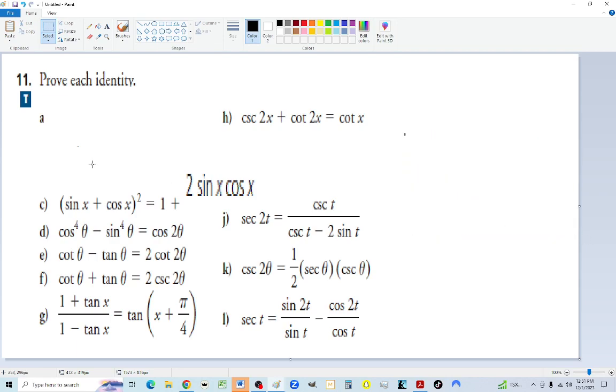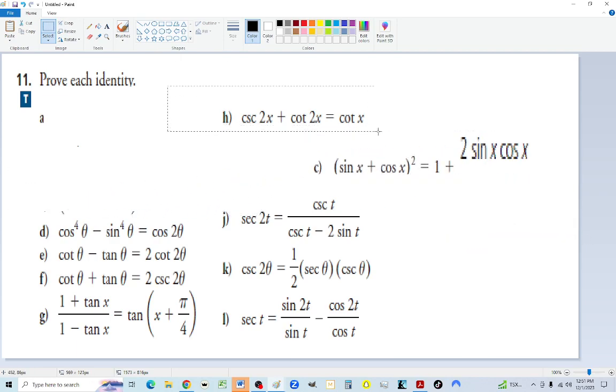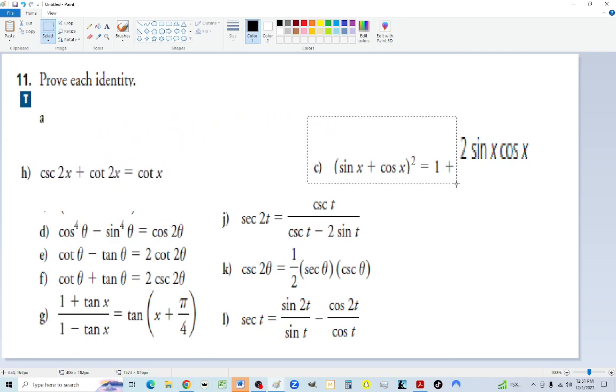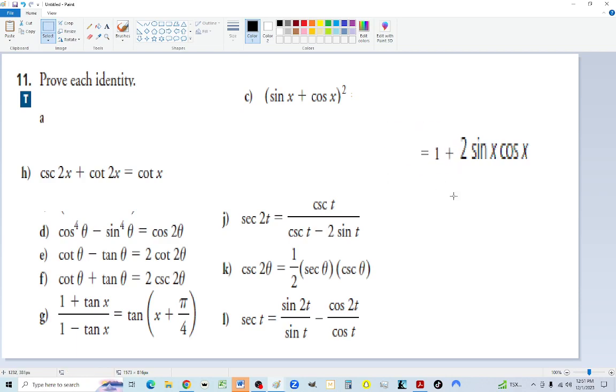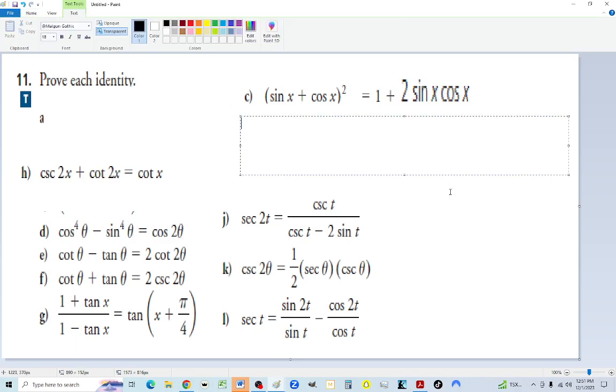Then you just have to prove left is equal to right. If you expand that, it's like an expansion of x plus y. You get sine squared plus 2 sine x cos x plus cos squared is equal to 1 plus 2 sine x cos x.